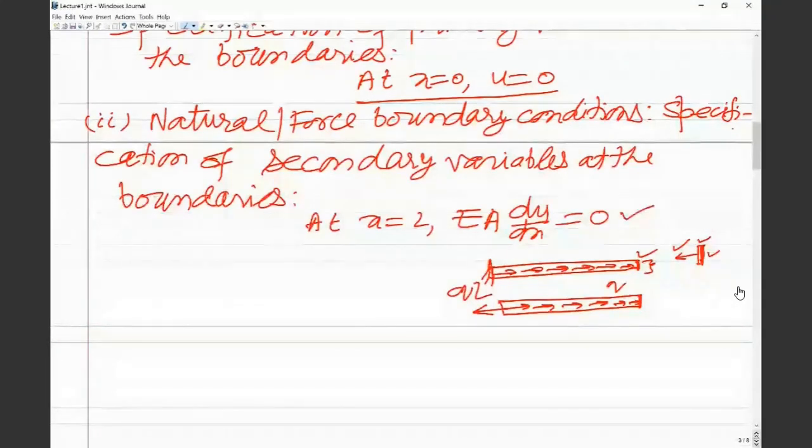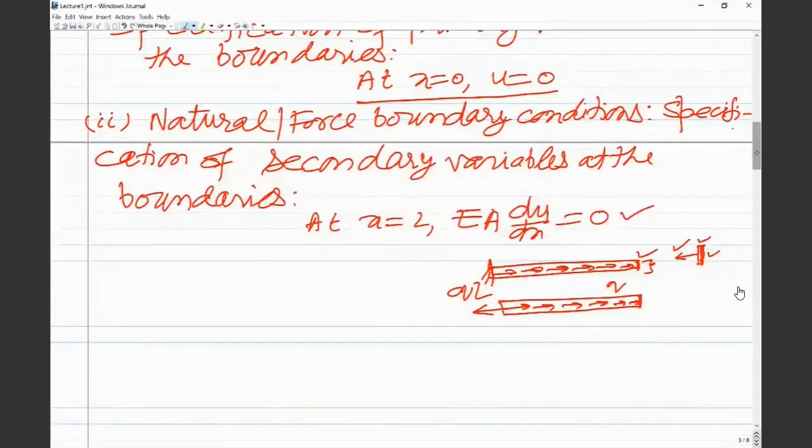From the weak form, as you see, we are able to identify primary and secondary variables. Then we are also able to classify the boundary conditions either as essential boundary conditions or natural boundary conditions. You will see another thing: at a particular boundary, either the primary or the corresponding secondary variable will be specified.